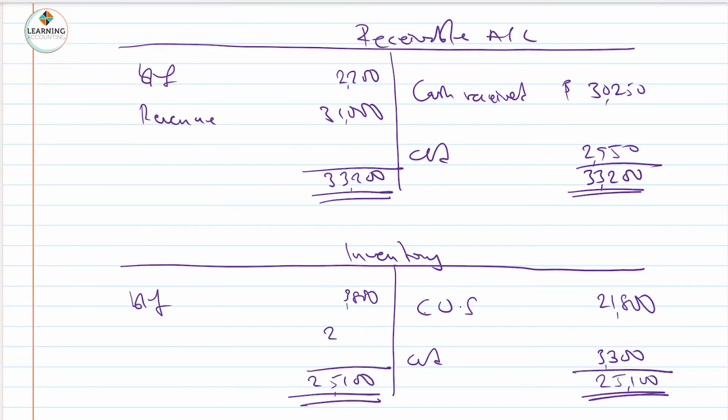That gives us 21,300 as our purchase. So the balancing figure.